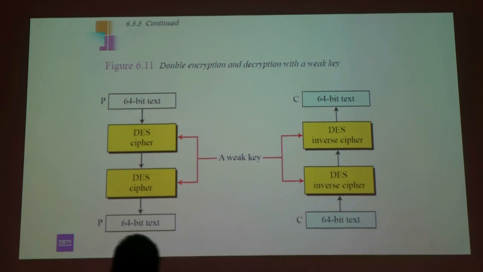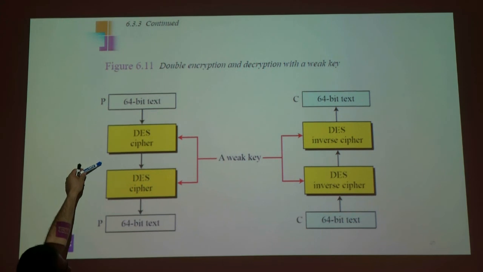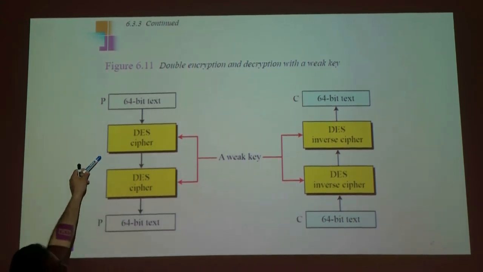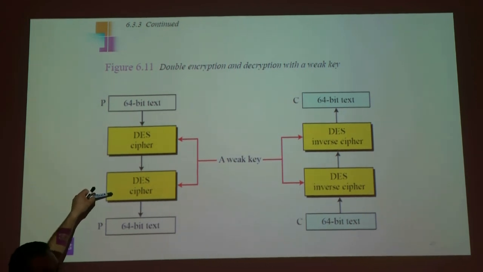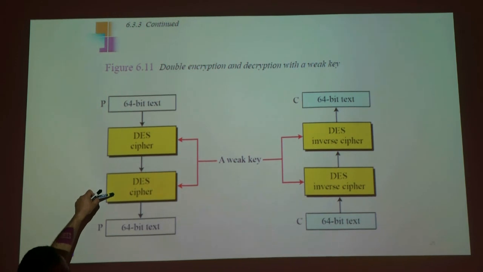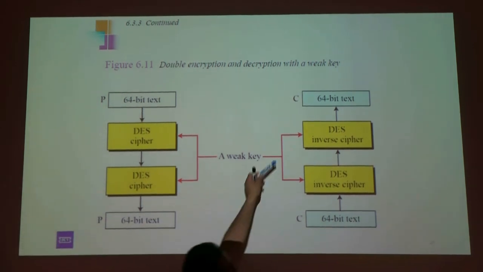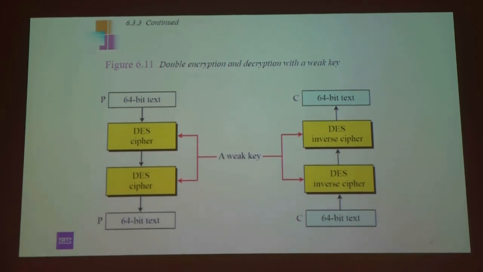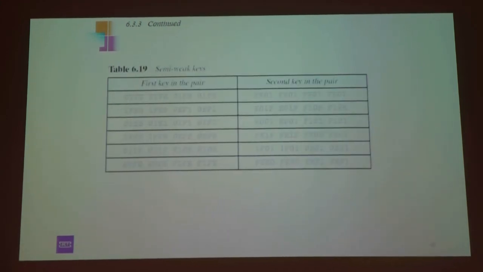To solve this problem, you could have plain text, this cipher, another cipher, 64. So now you have 56 plus 56. How many key bits do you have? 112, right? And then your inverse cipher. So you could use that as a solution, just to make sure.